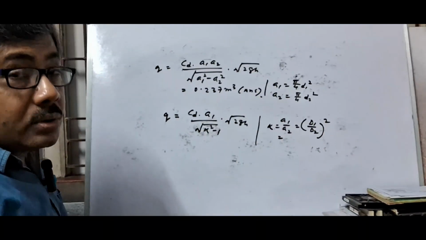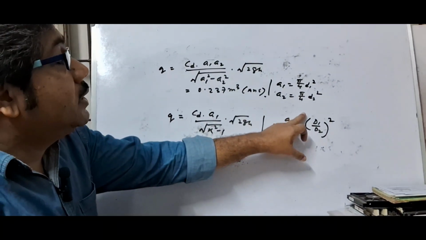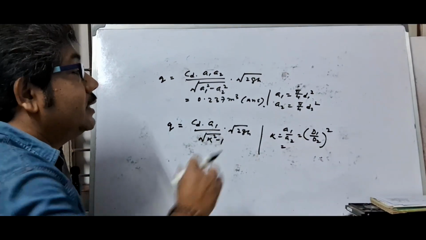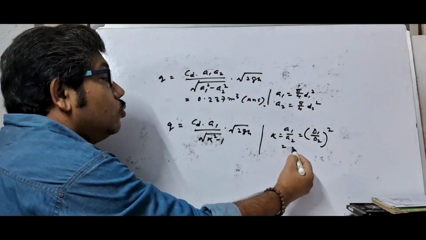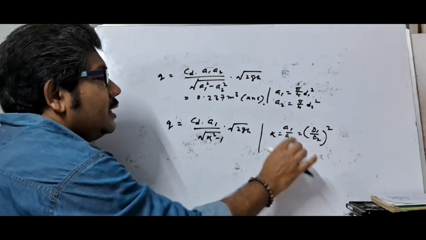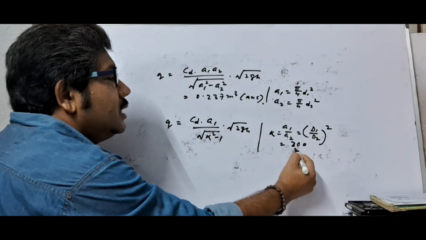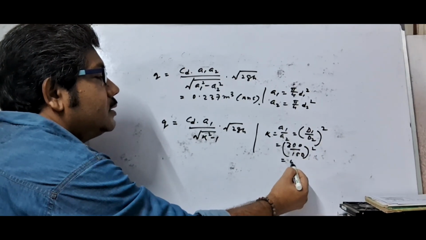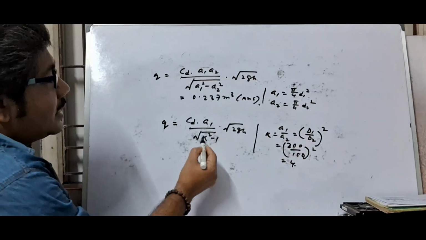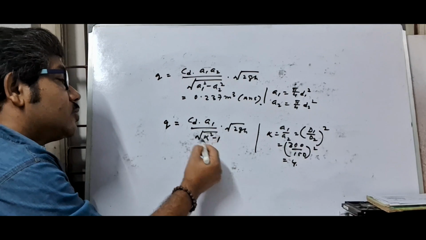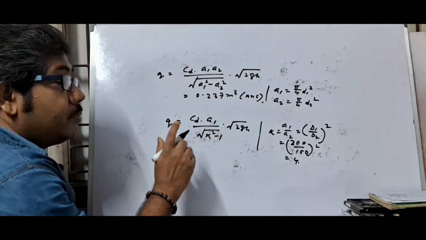And we know that the pipe diameter is twice the throat diameter, that means the value will be 4. Here 300 by 150, that means this is 2, and K is 4. K square is 16, minus 1, that means root of K square minus 1 will be root 15 always.